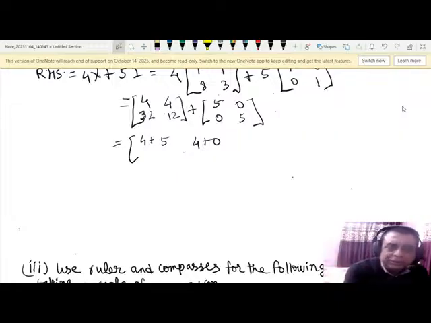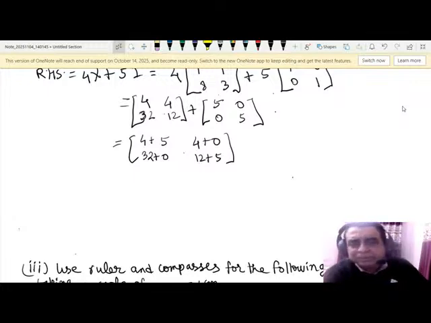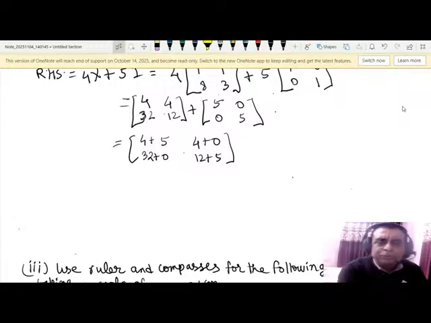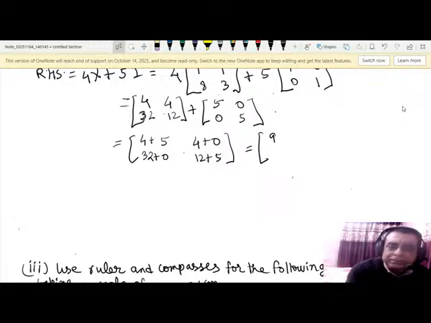Now 32 and 0 you add for the first element of the second row, and 12 with 5 for the second element of the second row. So 4 plus 5 is 9, 4 plus 0 is 4, 32 plus 0 is 32, and 12 plus 5 is 17. So now you compare, this is the right hand side.